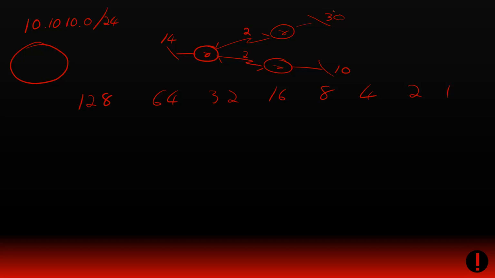So again, let's go through the motions. 30. In order to have 30 hosts, I need this many bits to represent the number 30. Why? That many bits will give me 32. Don't forget, minus 2 gives me exactly 30. That's awesome. Perfect. Draw the line. Split it down. Once you split it down, what have we got?